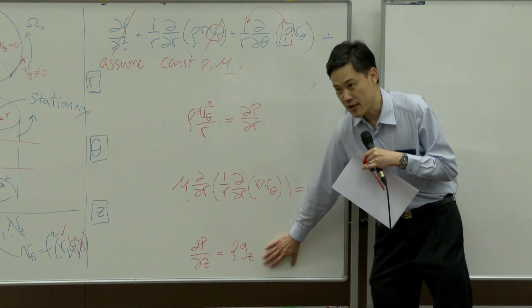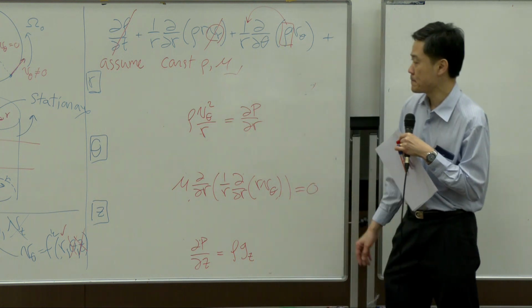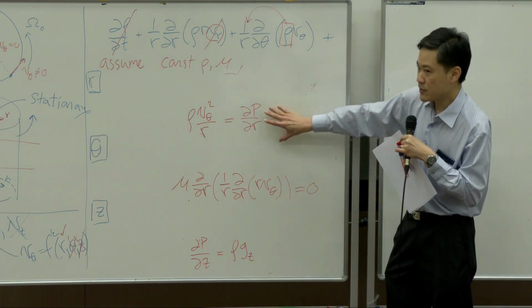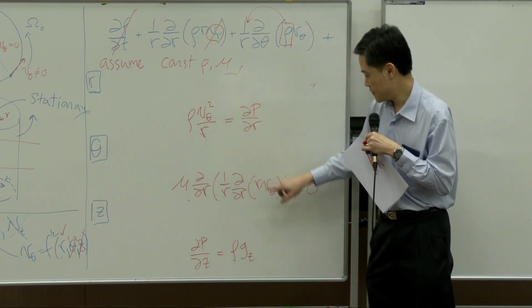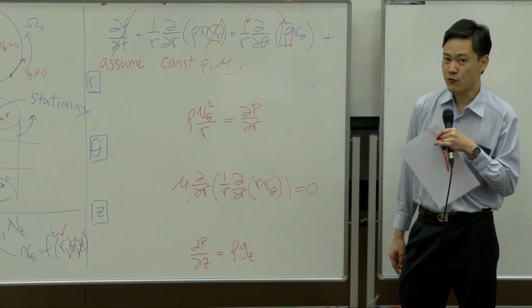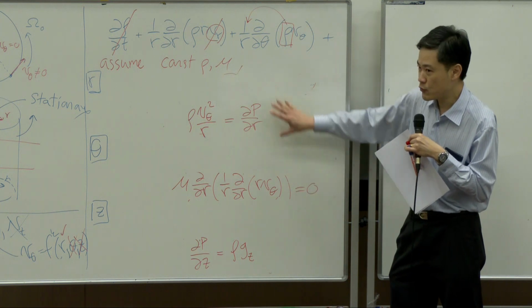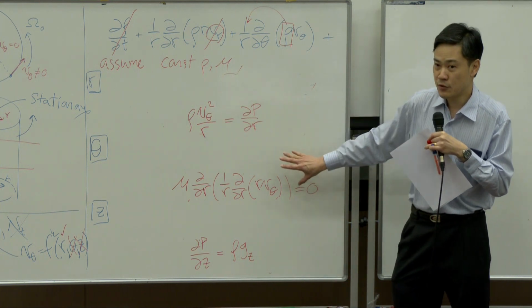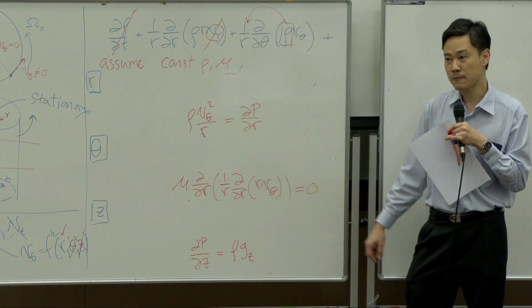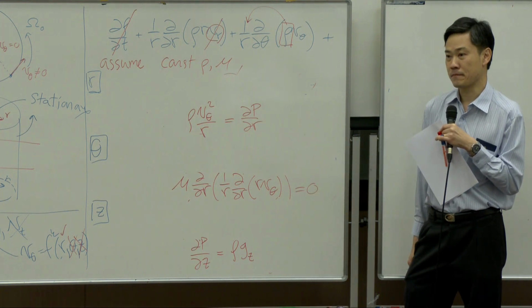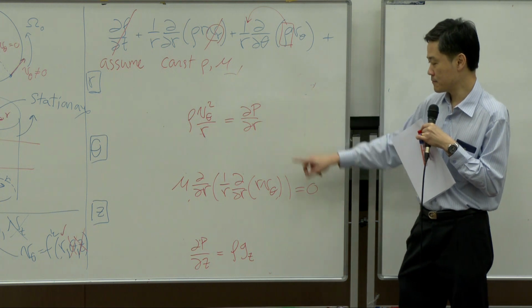So we ignore this for the moment. Okay? Only 2 equations contain velocity. V theta here and there. Which of these 2 equations is useful for us to find velocity profile? Top or bottom?